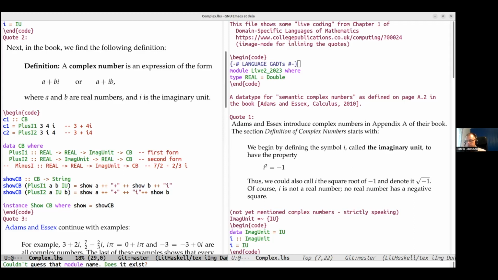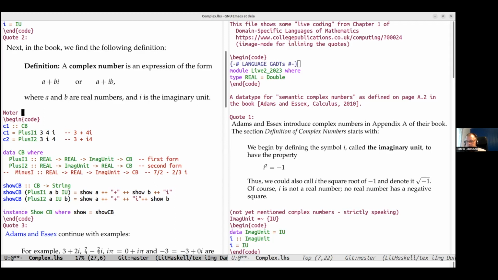We should also notice that they have not said that numbers, so let's see here, note that bi plus a is not of the right form, which is a bit strange.